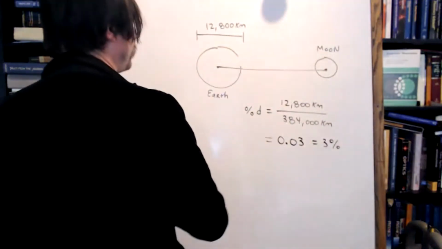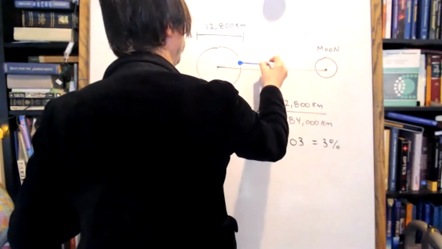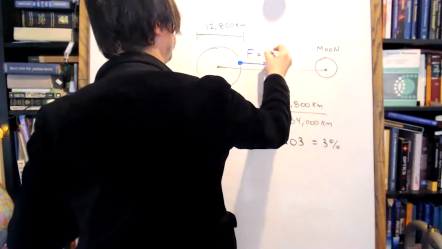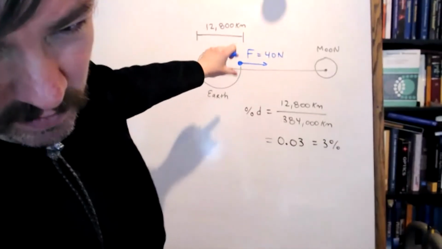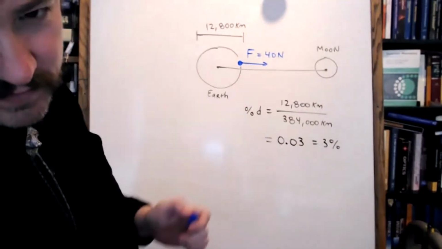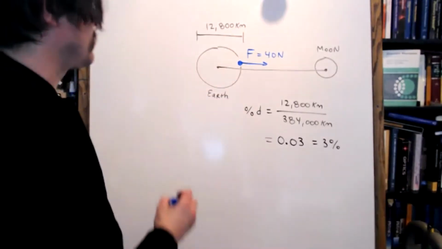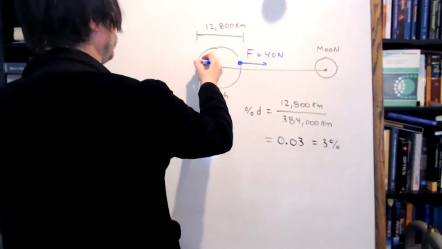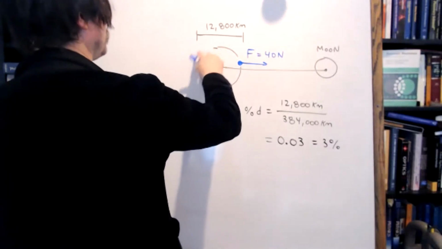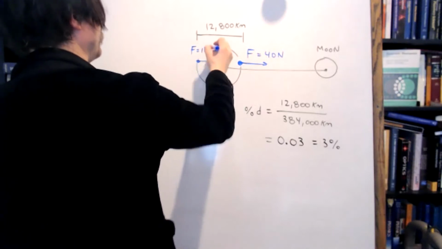In other words, if I could really cartoonify the problem, let's imagine a little thin slice of Earth so that it's a very small amount of mass. Let's say the front side of Earth gets tugged with a force of 40 newtons. And let's say that the back side of Earth gets tugged with a force of 10 newtons.